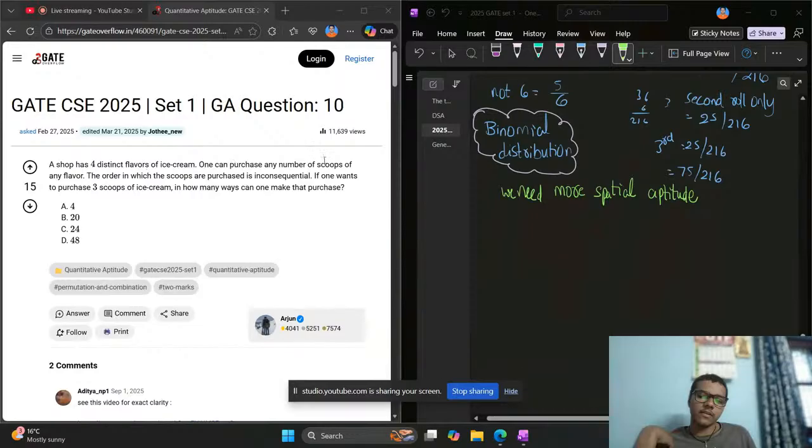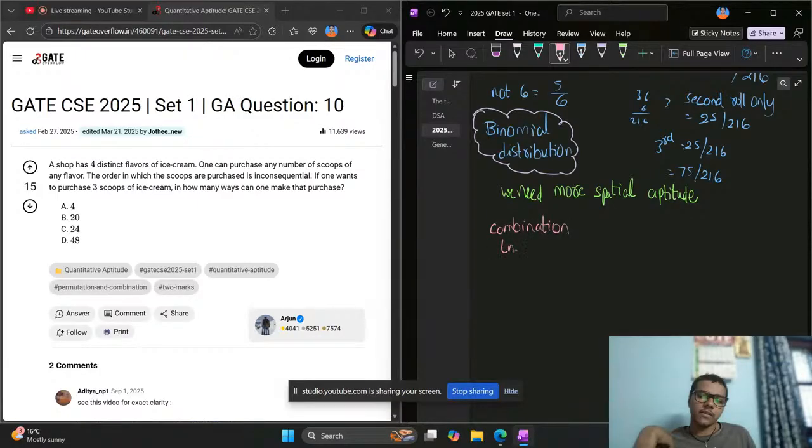For four distinct flavors of ice cream, one can purchase any number of scoops of any flavor. The order in which the scoops are purchased is inconsequential. If one wants to purchase 3 scoops of ice cream, how many ways can he make the purchase? Okay, so is it a permutation or combination? Combination.